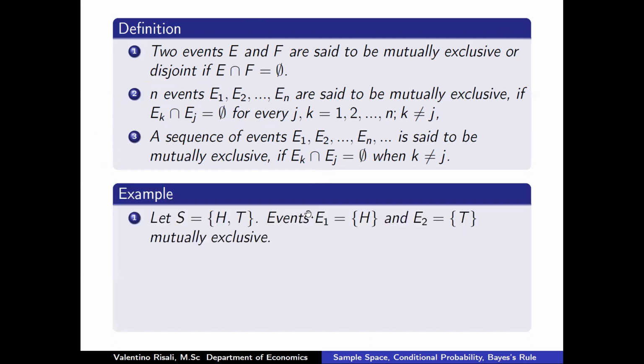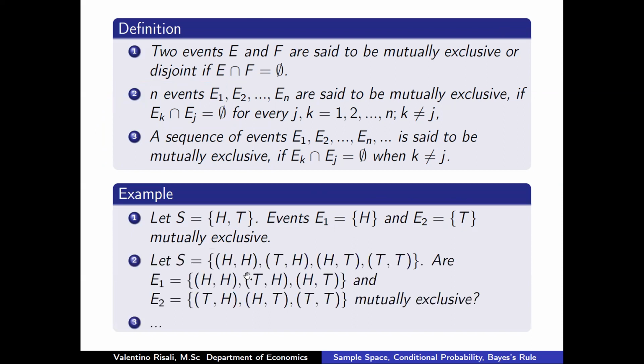For the finite case, we can see that these two events are mutually exclusive since their intersection is empty, right? And how about these two events, E1 and E2? Are they mutually exclusive? No. What is the reason for this, Owen?